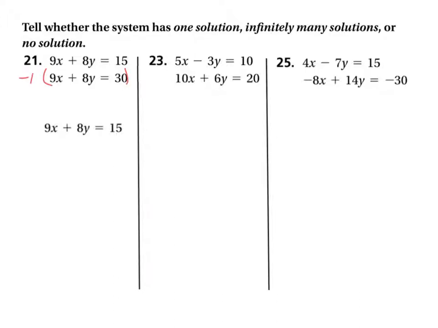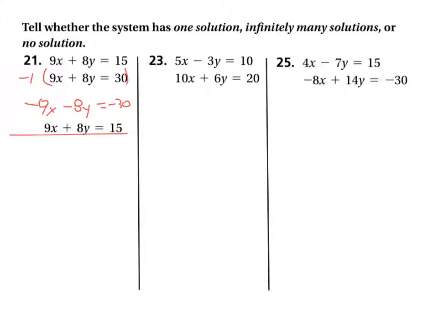By -1. And what we're going to get as a result, and I'll write the result in red as well, is -9x minus 8y equals -30. And when we add those together, the -9x and the positive 9x cancel out, the -8y and the positive 8y cancel out.